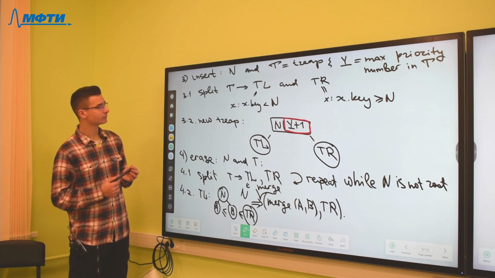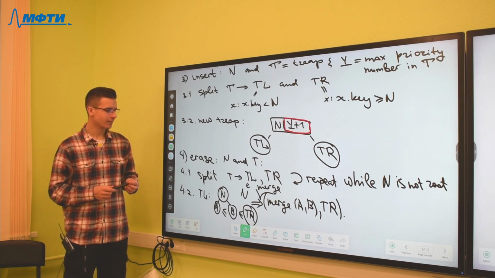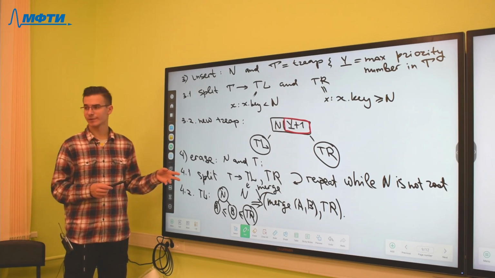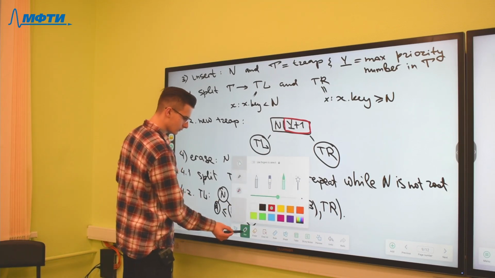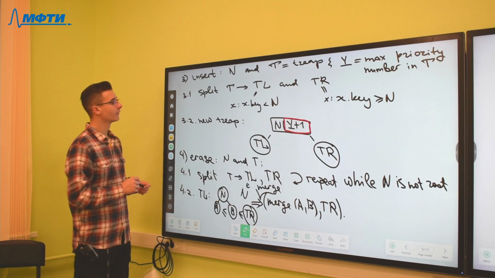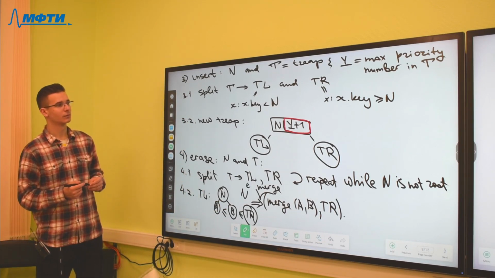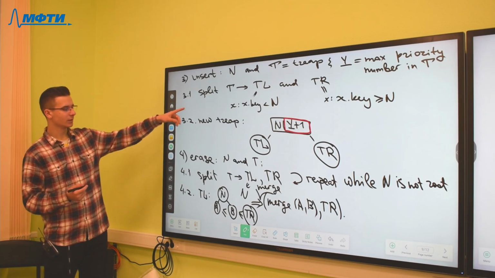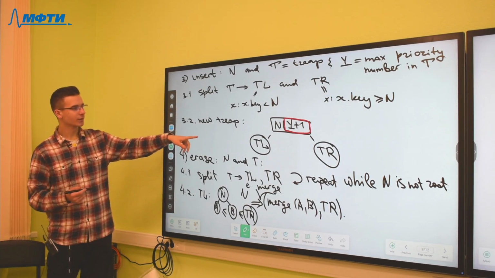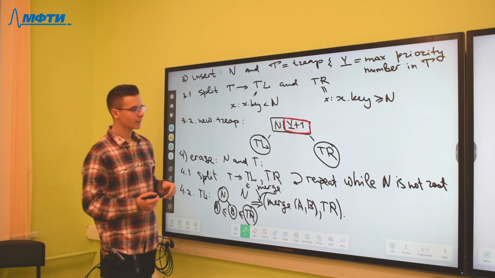So, what are the time complexities of these algorithms? For example, insertion. I think first we have to know split and merge. We use splitting here, and we don't use merging. We use only splitting.